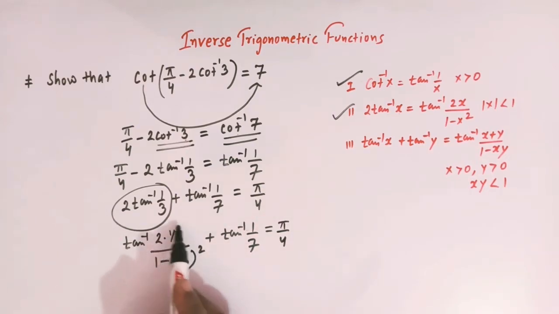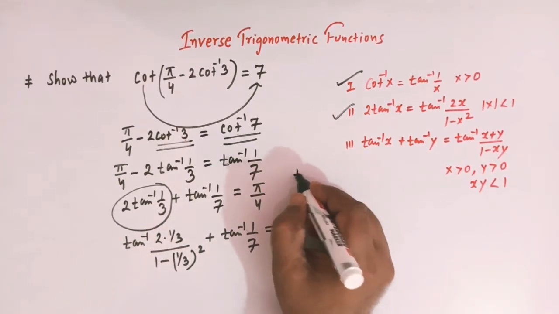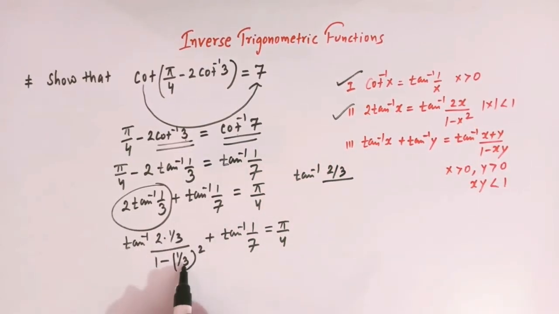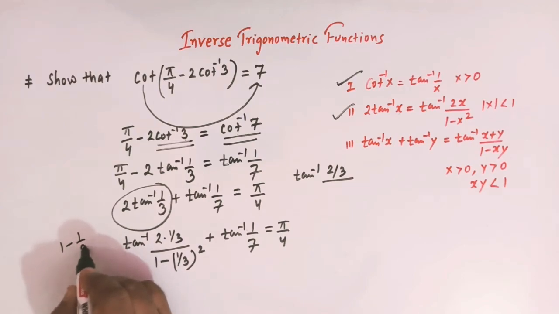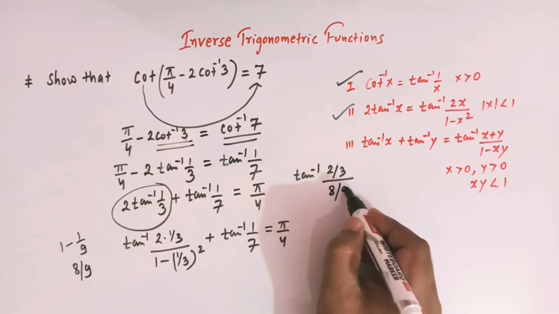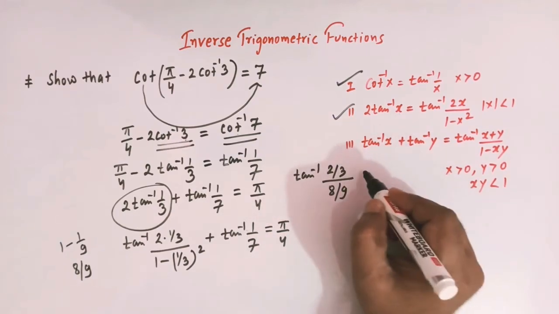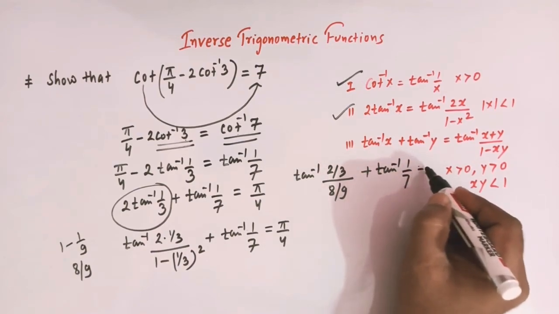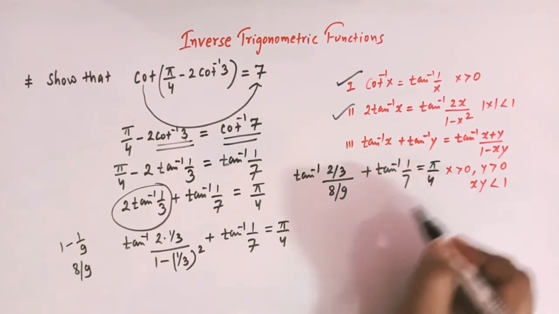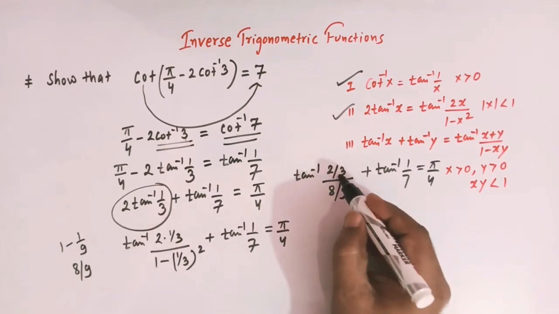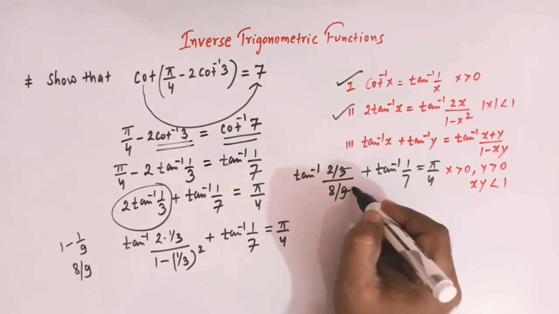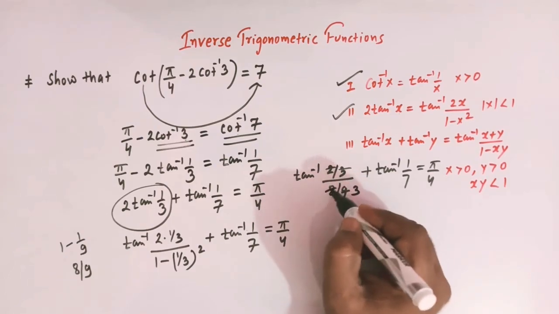Now let us simplify this expression. We'll get tan⁻¹ of 2/3 divided by 1 - 1/9, that is 8/9, plus tan⁻¹(1/7) equal to pi/4. Now let us simplify it: 3 nines... rather, 3 times 3 is 9, and 2 times 4 is 8.